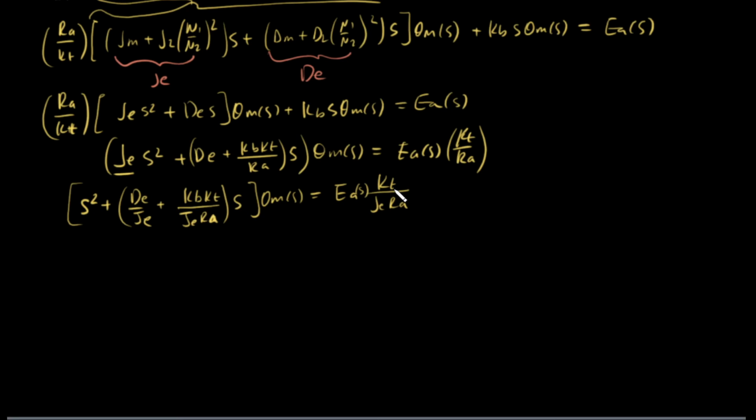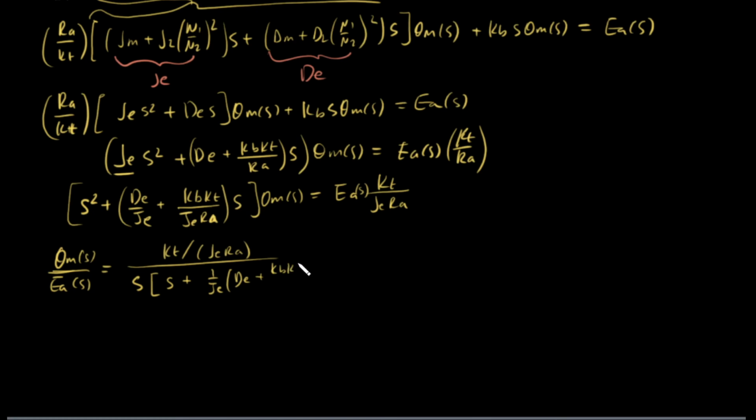Then we have our transfer function right there, because we've put everything in terms of the input and output. So our output over our input, which are functions of S, are just equal to KT over JE RA times S, and then S plus 1 over JE times (DE plus KB KT over RA).